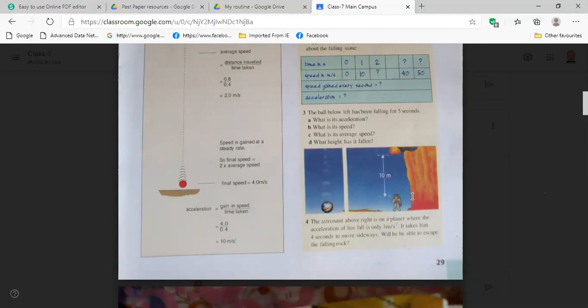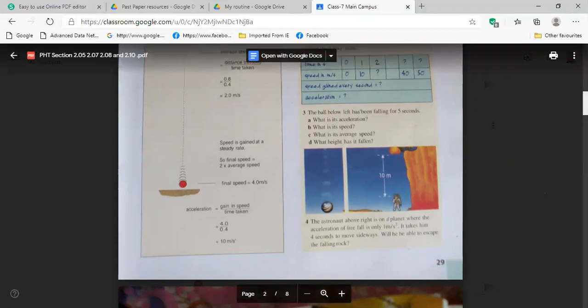Here I gave you some formulas. What is the formula of average speed? Sir, U plus V by 2. Okay, what is U? What is V? U and V are both velocity, but which one is what? U is the initial speed or initial velocity, and V is the final velocity. Is it clear?